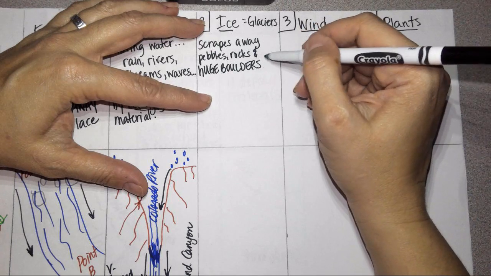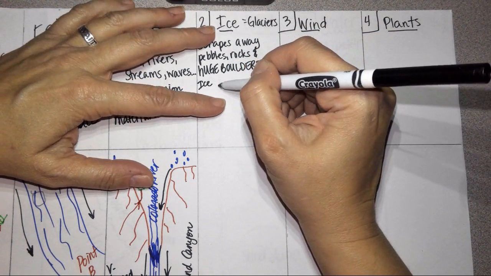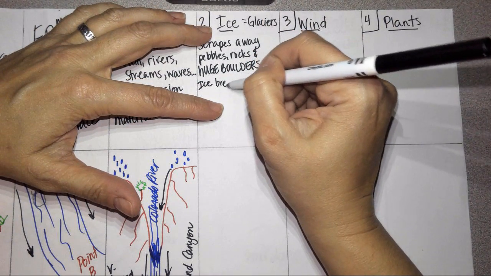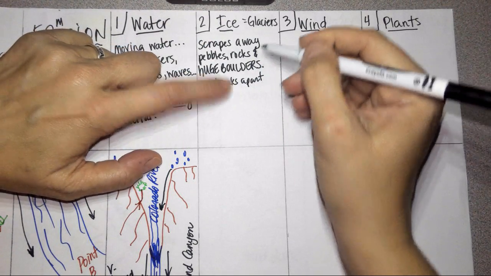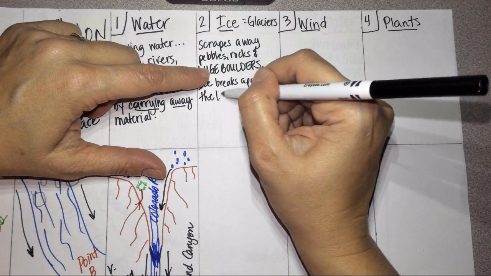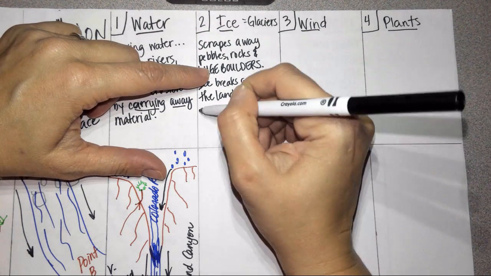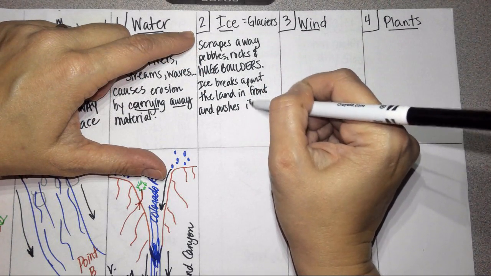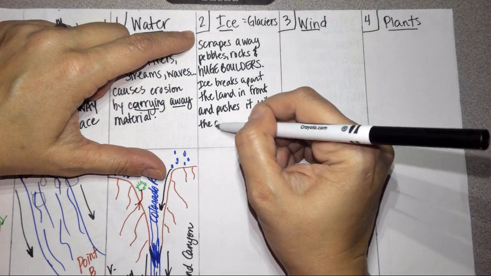Okay? So what happens, the ice, it kind of tears it up. So the ice breaks apart. So we got the weathering part going on, right? Breaks apart the land in front and pushes it. Pushes it with the glacier.